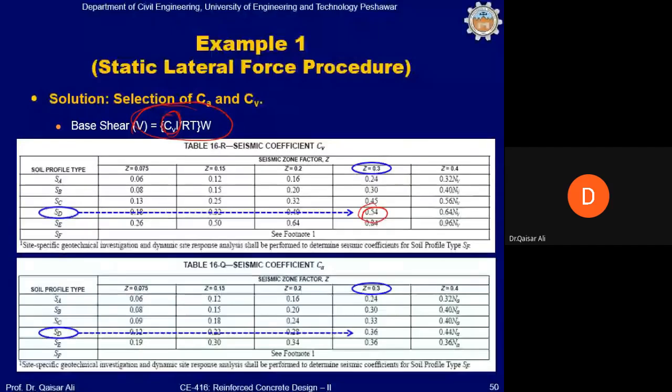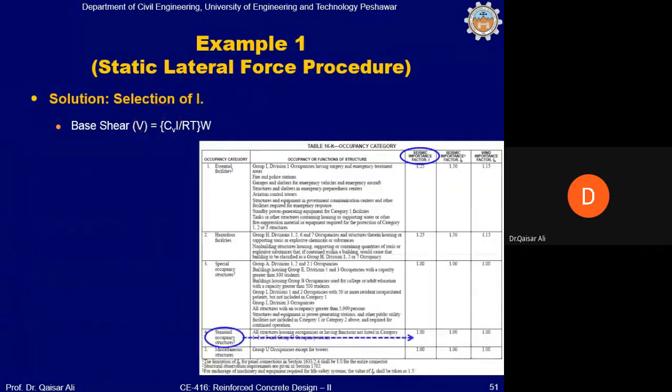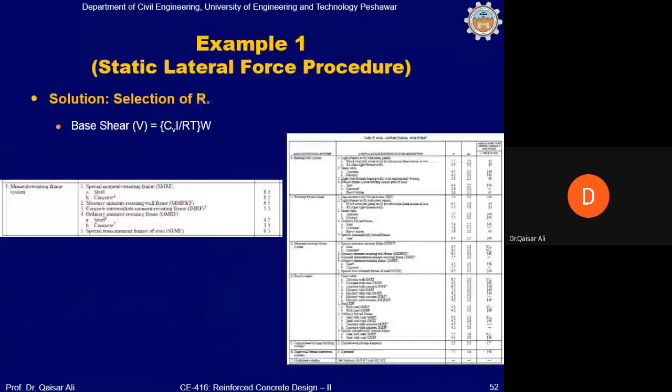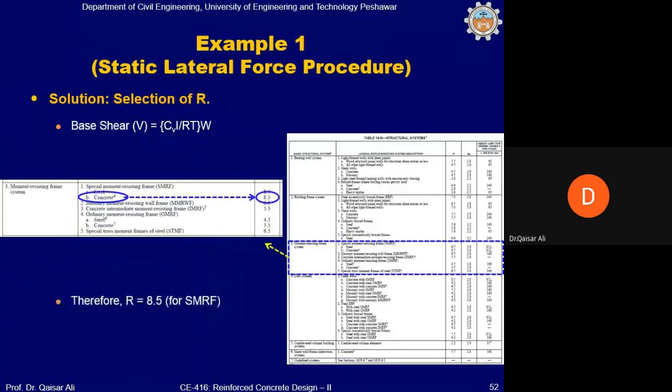Ca will be required in the equation for maximum base shear. That value is 0.36. So 0.54 and 0.36. These values will be picked from these two tables. I value is directly given as 1. We'll take this value as 1. R factor for SMRF is 8.5. You can see.